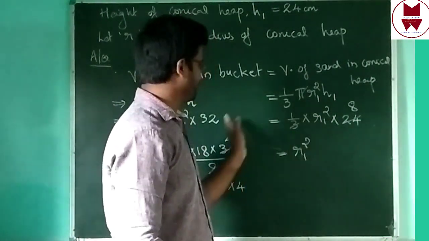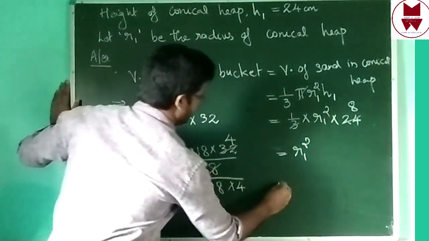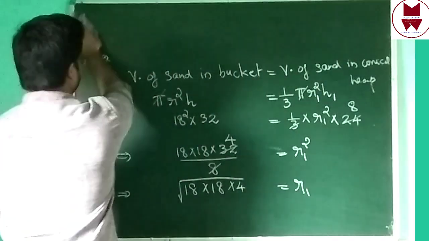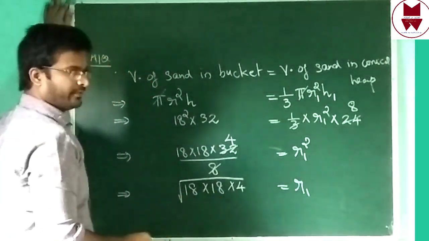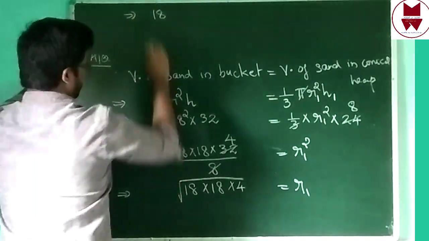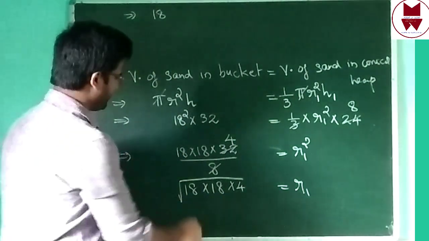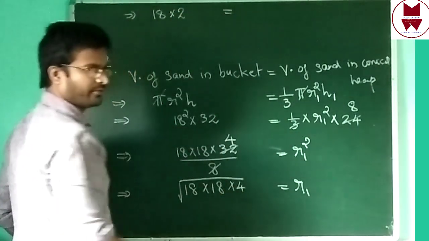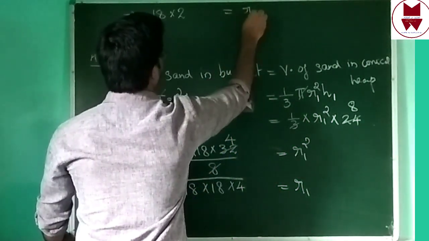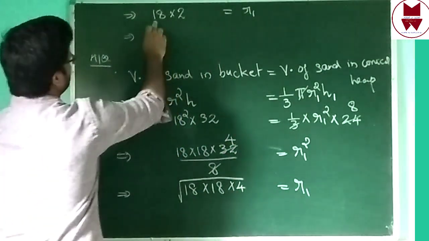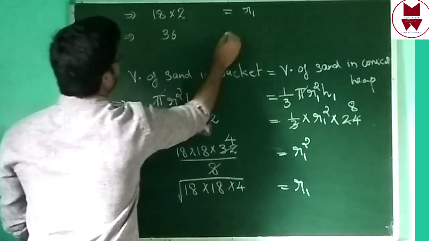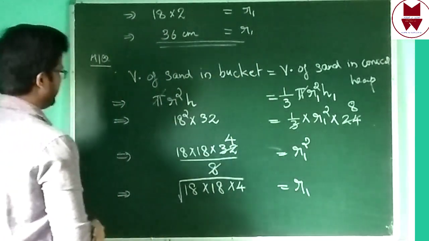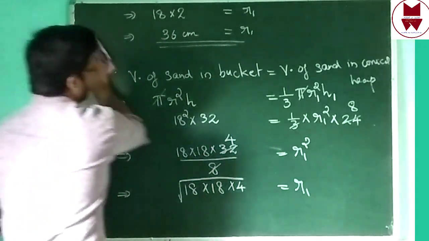The square brought to the left side becomes square root, equal to r1. Square root of 18 into 18 you will get 18, out of two same numbers we take one number. Then square root of 4 is 2. 18 into 2 is 36 centimeter. Now we got the radius of the conical heap is 36 centimeter.